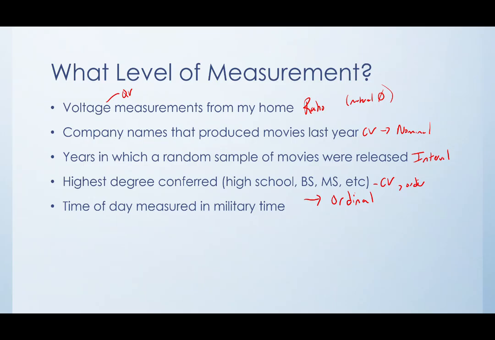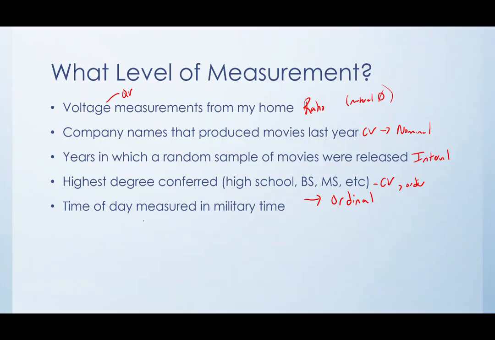Time of day measured in military time. So this one, the question is really, does it have a natural zero? So it's quantitative, but I would argue that 0-100 hours, when we're talking about time of day, is kind of arbitrary, that's midnight, is kind of been arbitrarily decided.